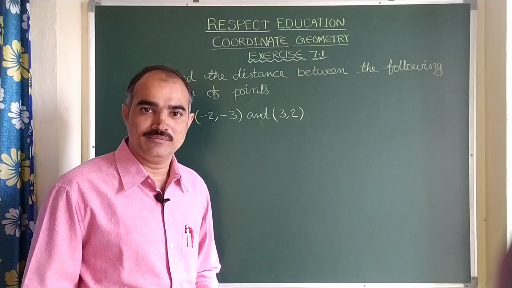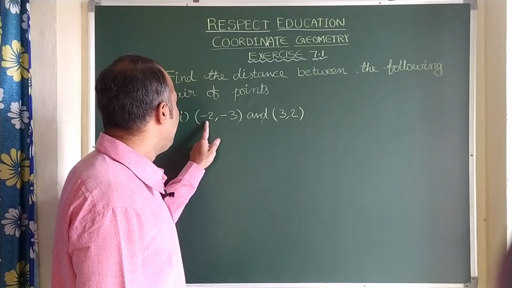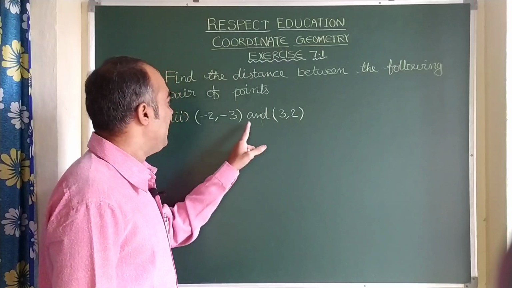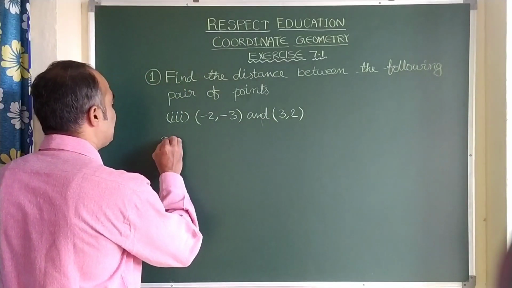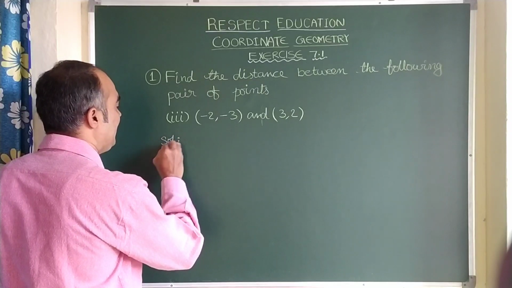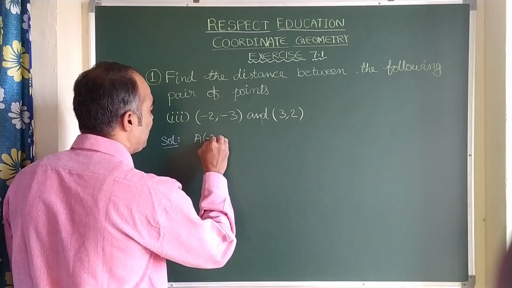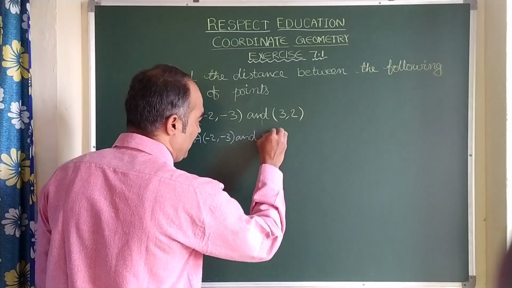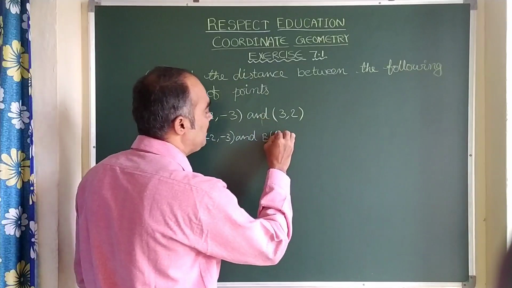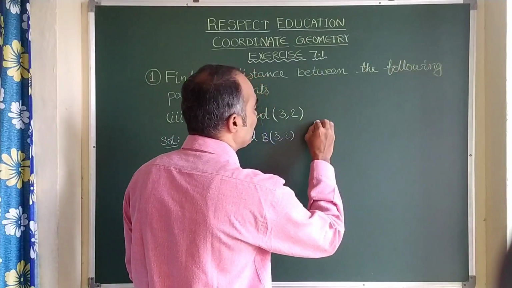Now let us do next bit, that is third bit. The given points are -2 comma -3 and 3 comma 2. So here let us consider those points as A and B. So here first one A is -2 comma -3, and the second one is B, that is 3 comma 2. Now let us write here suitable formula.